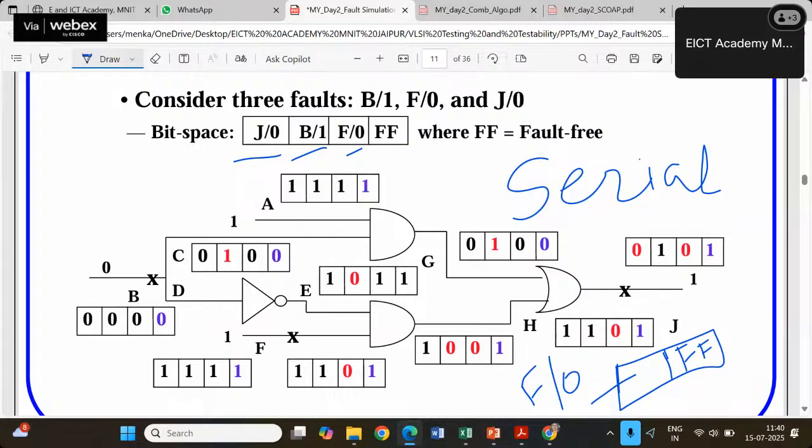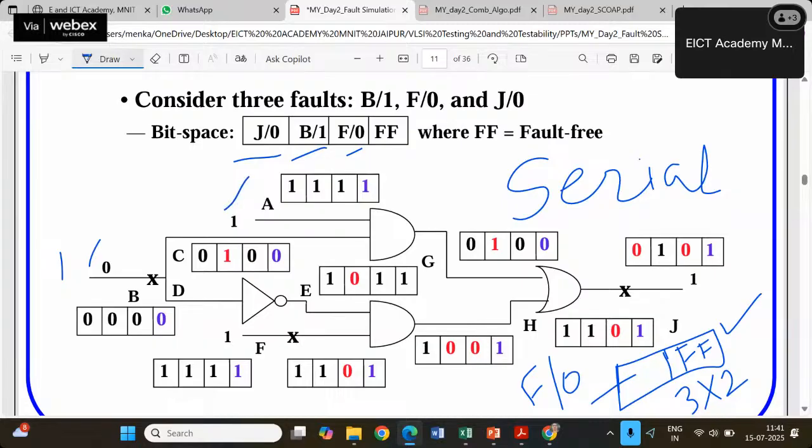So I have to run this, 2-bit set memory space I require, and a total of 3 passes are required. 3 passes are required because there are 3 faults, and at a time I can only work with 1 fault. So in 1 pass at least 2-bit space is reserved for every branch. I have to put my input over here in the 2 set of bits.